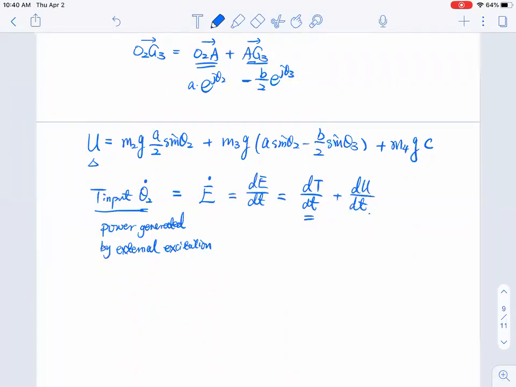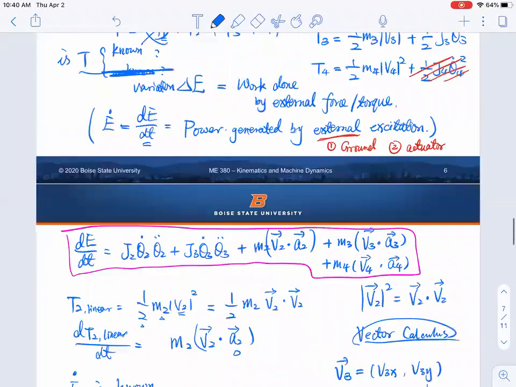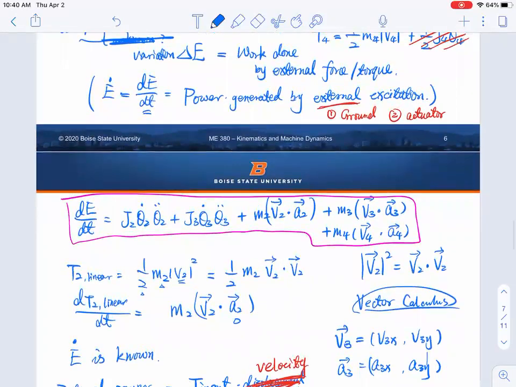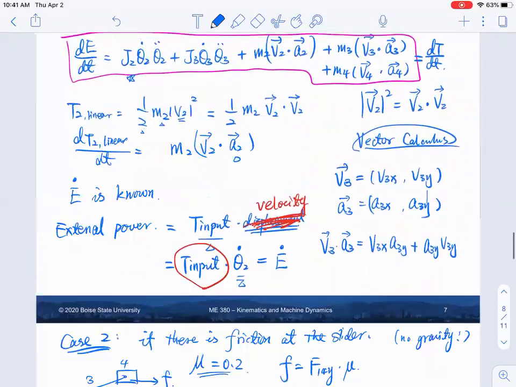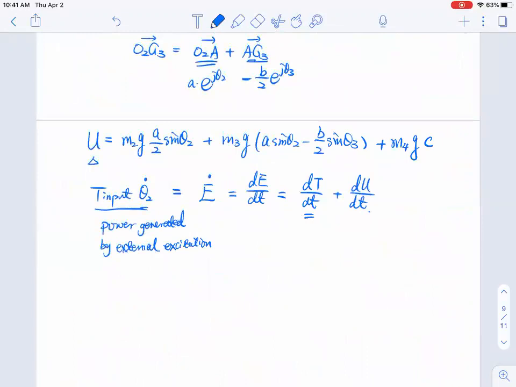So dT/dt, we already calculated these for the very first case, somewhere over here. Yes, that's it. Because in the very first case, we assume there's no potential energy or no gravity. So your dE/dt directly equals dT/dt. So you can directly copy and paste this and then put it in here. And then the next step is we need to calculate what the dU/dt is.